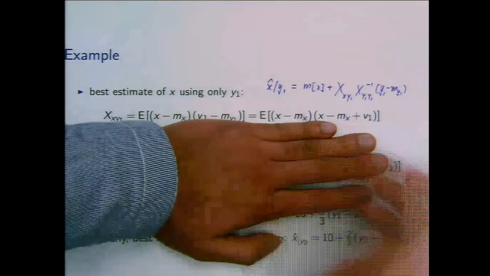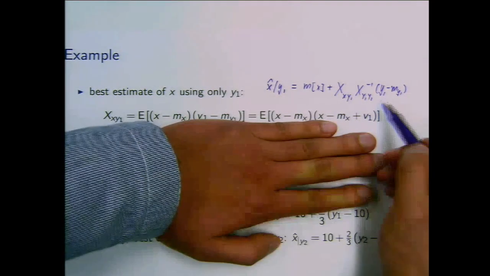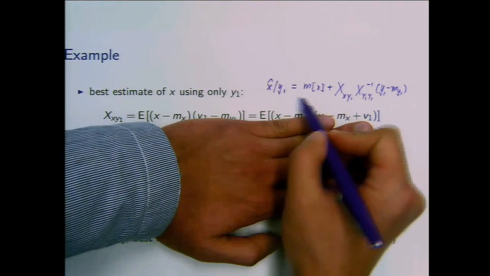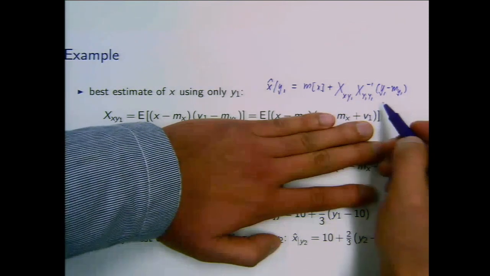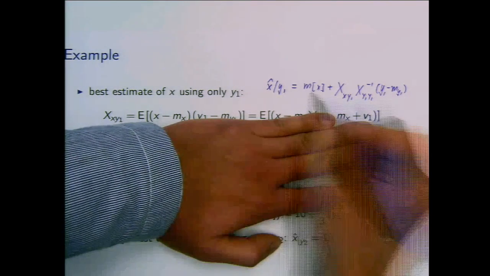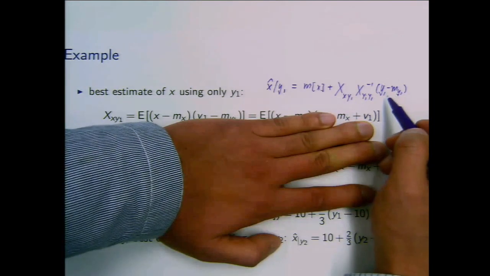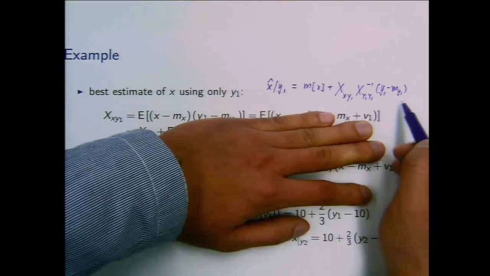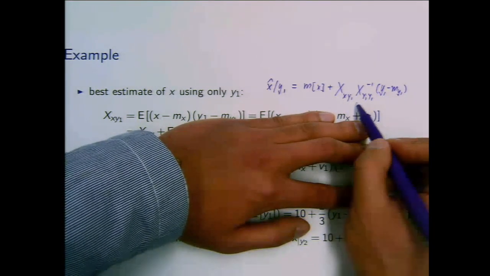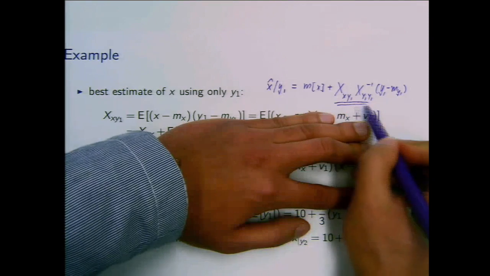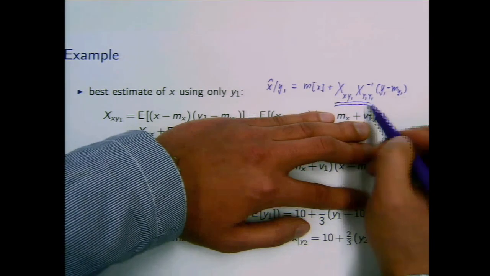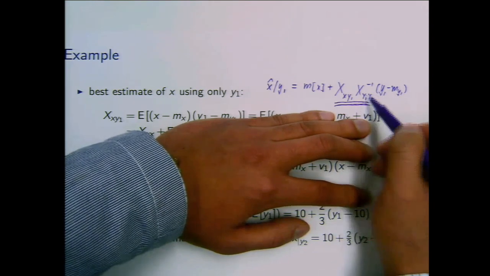The reason why I asked you the questions previously is to let you recognize that this x hat given y1 is a random vector, in this case a random variable, because y1 is random. To obtain this, because y1 is random, we're going to need these quantities: the cross covariance between x and y1, and the covariance of y1.